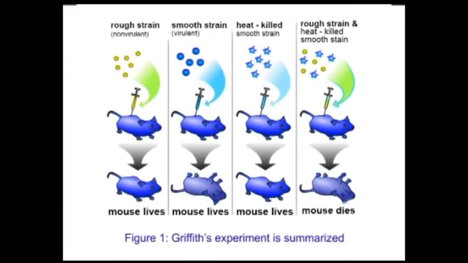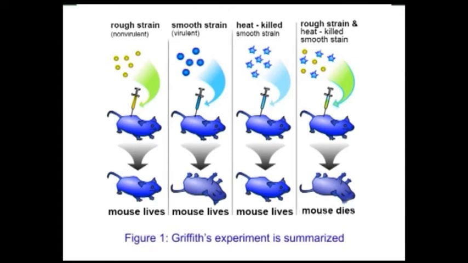Griffith killed some virulent cells by boiling them and injected the heat-killed cells into mice. The mice survived, showing that the carcasses of the cells do not cause death. However, mice injected with a mixture of heat-killed virulent cells and live non-virulent cells did die.